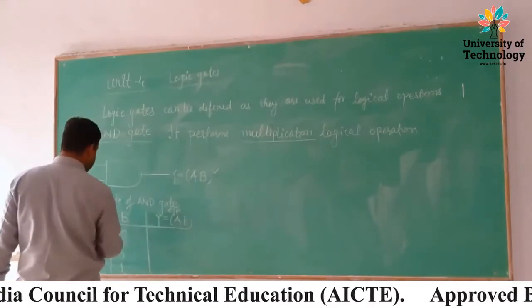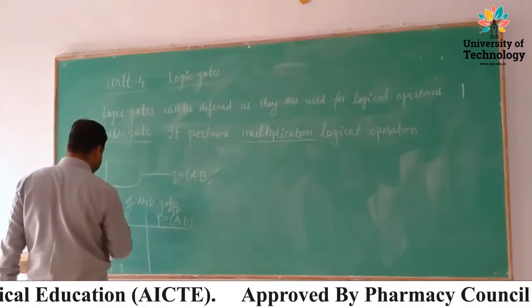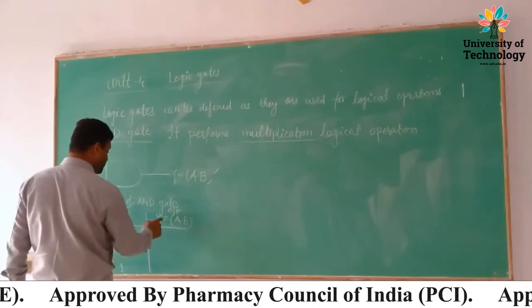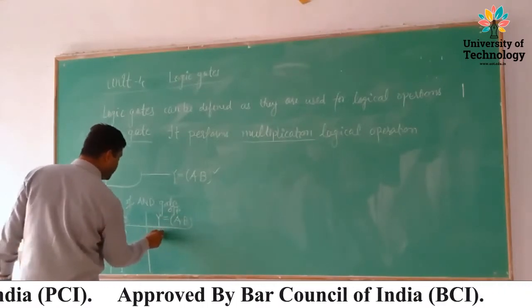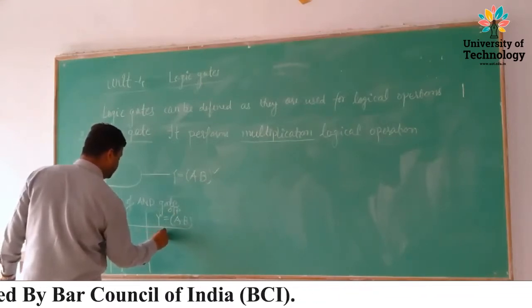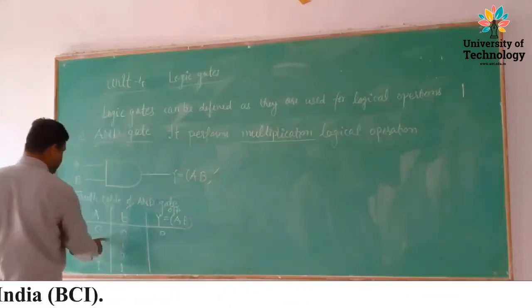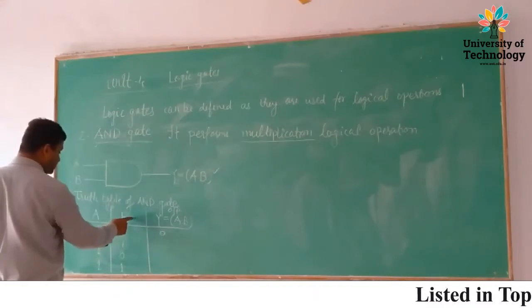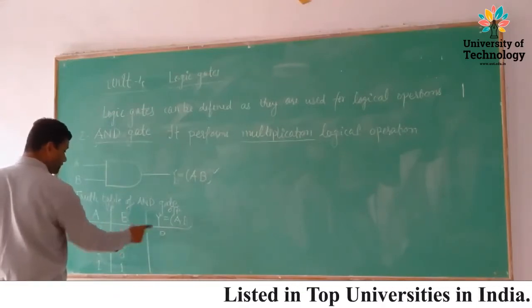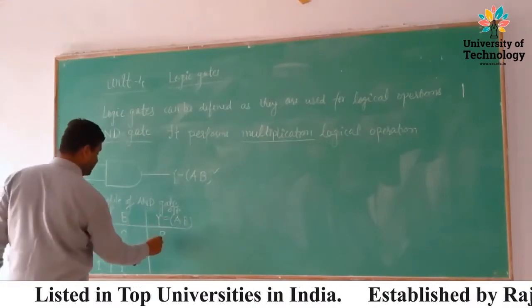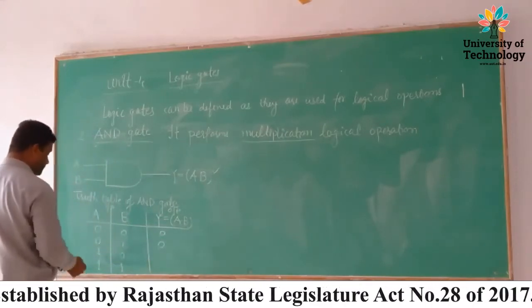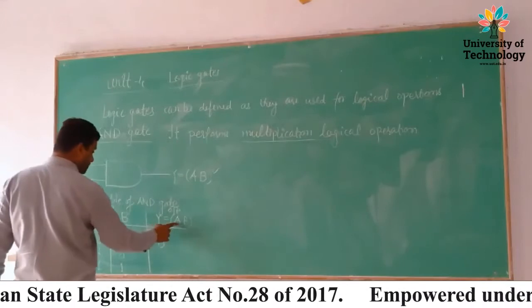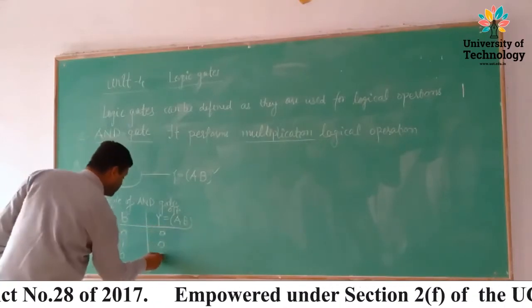Now first considering when input A is 0 and input B is 0. Y equal to A into B means 0 into 0, we will get 0. Again, for A equal to 0 and B equal to 1, 0 into 1, we will obtain 0. Third case, when A is 1, 1 into 0, 0.